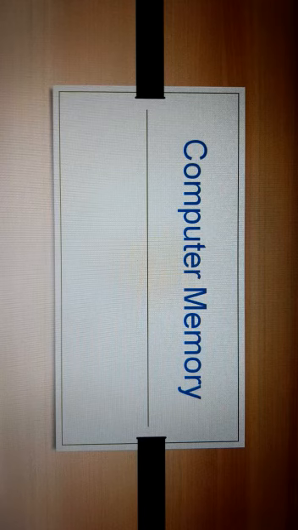As we have explained in the computer organization diagram, you have seen memory in two categories: main memory or primary memory, and secondary memory, that is the secondary storage. Today we will discuss internal memory or primary memory, which is part of the CPU, and during processing this memory is used.